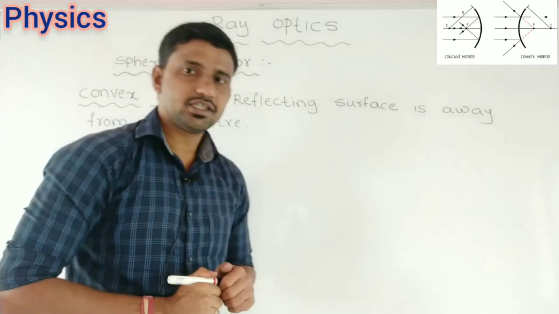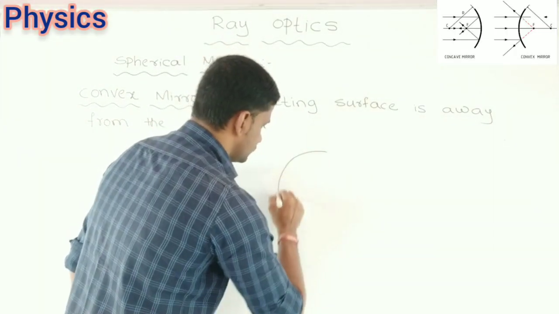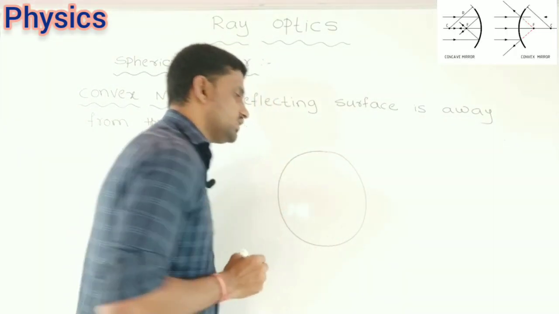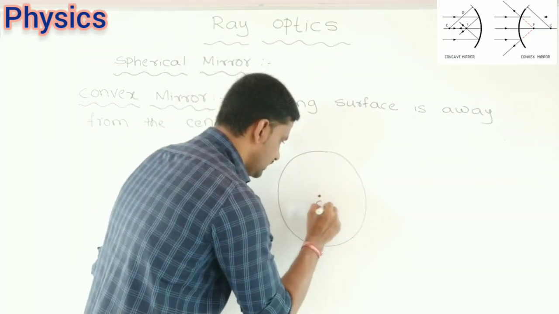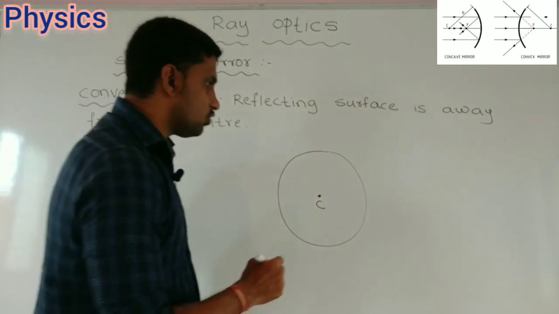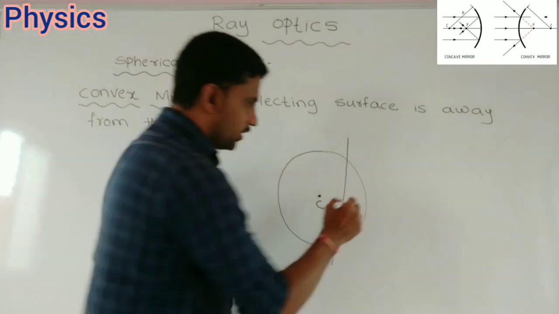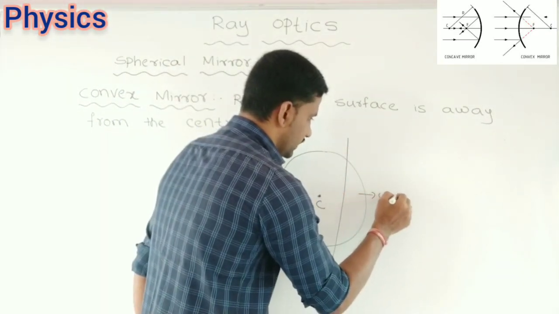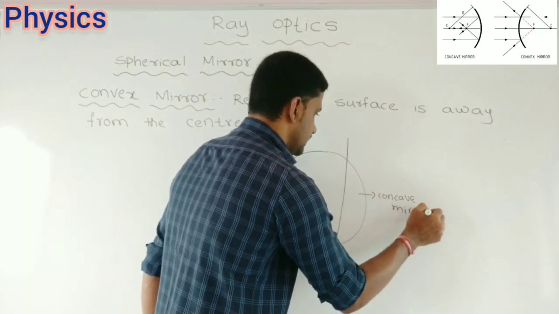So how do we represent a convex mirror? Let us see. A convex mirror is a part of a hollow sphere, so I am considering one sphere and it has a center. We already know that if I take this part of the sphere, then I will get the concave mirror. So this I am considering as a concave mirror.